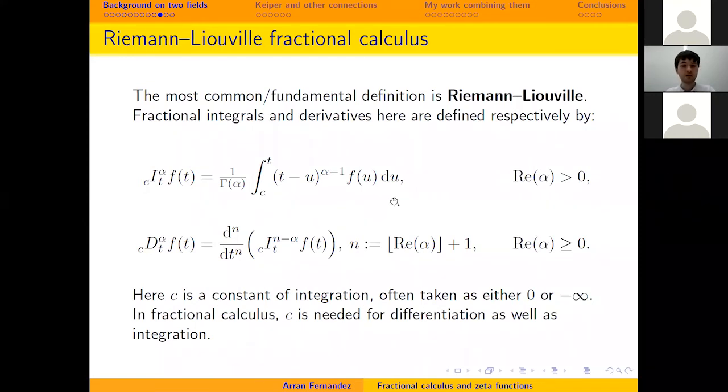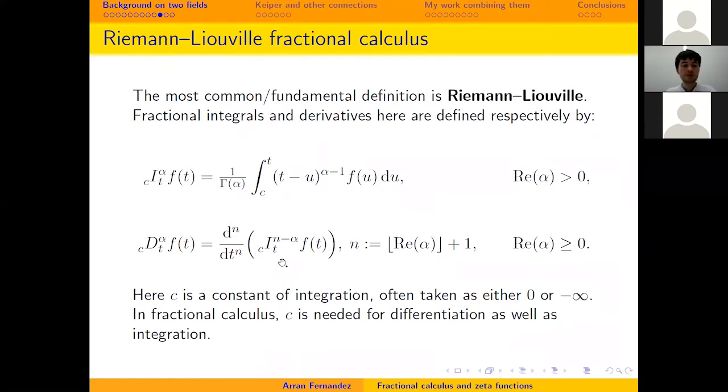Then the Riemann-Liouville fractional derivative is defined to be an ordinary derivative of a fractional integral. So if you start with, let's say, the integral to order 1/2, and you differentiate that once, then you get the derivative to order 1/2. Or the integral of order 2/3, you differentiate, you get the derivative to order 1/3. This is how fractional calculus works.